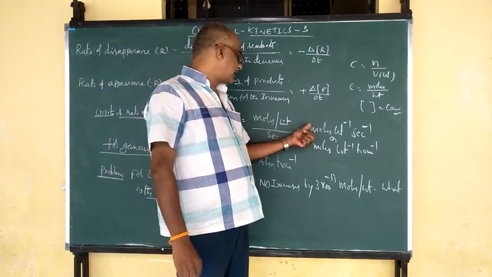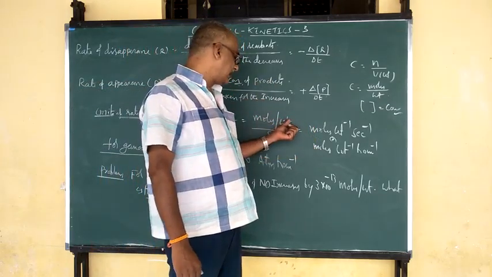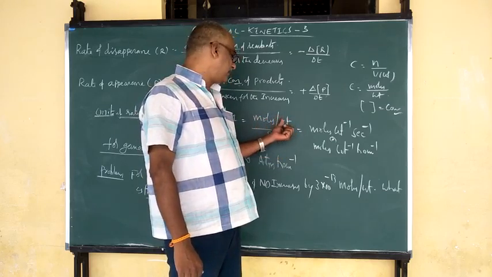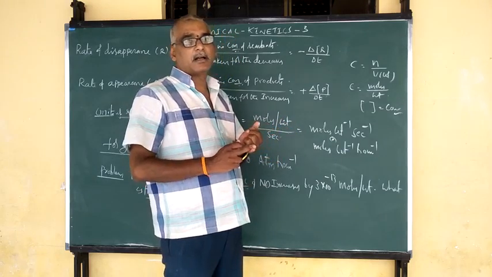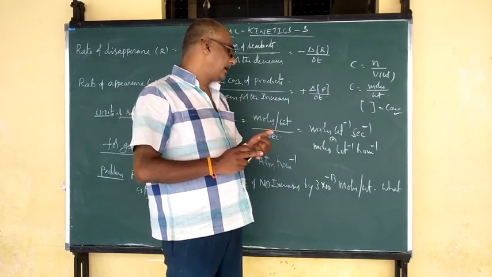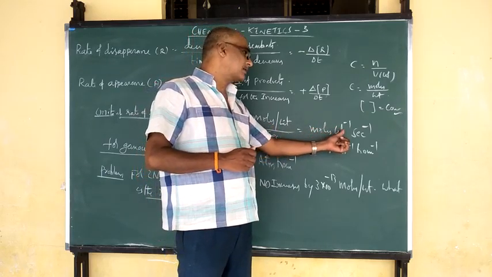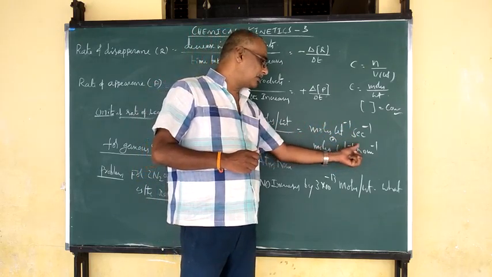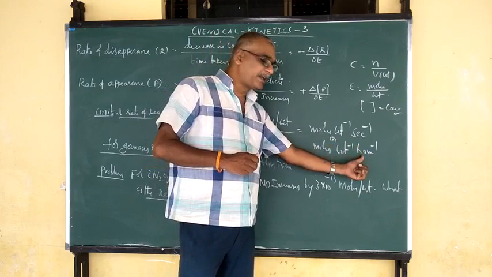Suppose the time is given in hours, then you write moles per liter divided by hour. If minutes are given, moles per liter divided by minutes. Time can be taken in minutes, seconds or hours. So the units are moles liter inverse second inverse, moles liter inverse hour inverse, moles liter inverse minute inverse.